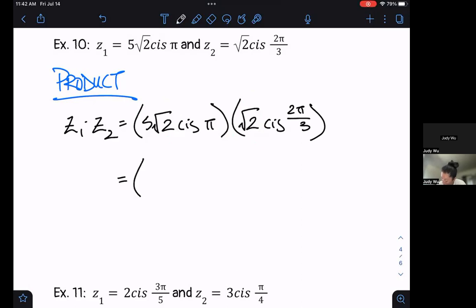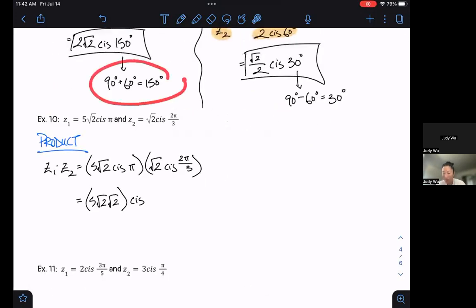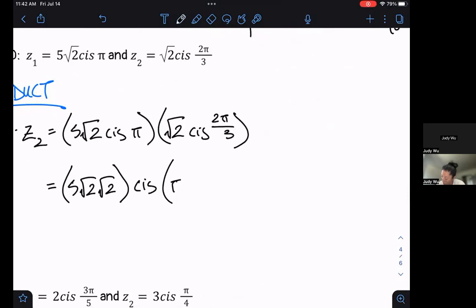So 5 root 2 times root 2. Cis, I'm not going to multiply these. But I wonder if I should add them. And that's precisely what we end up doing. We're going to have cis of pi plus 2 pi over 3.